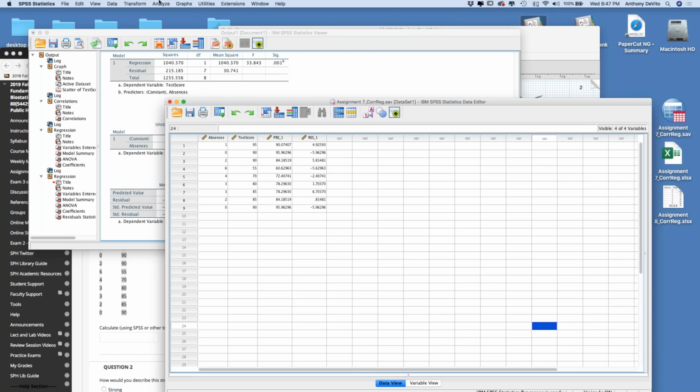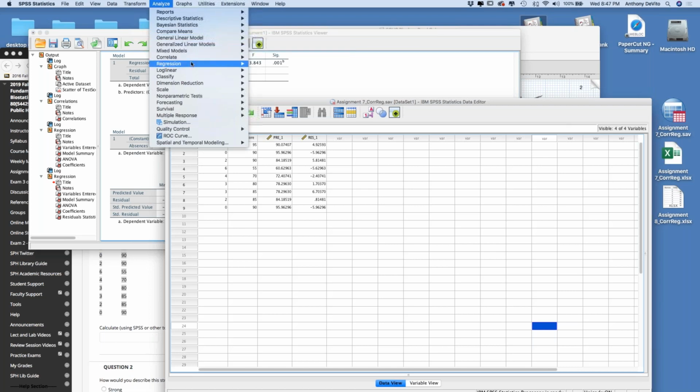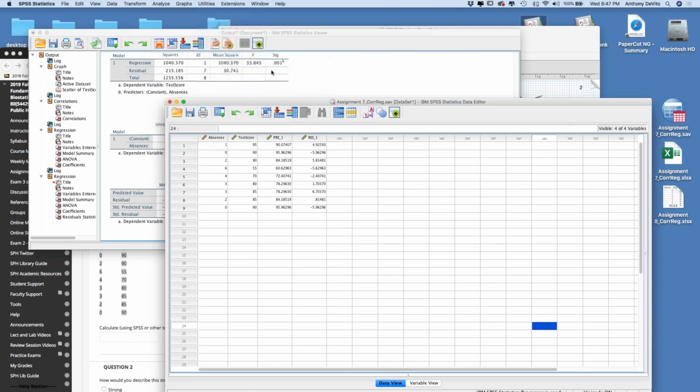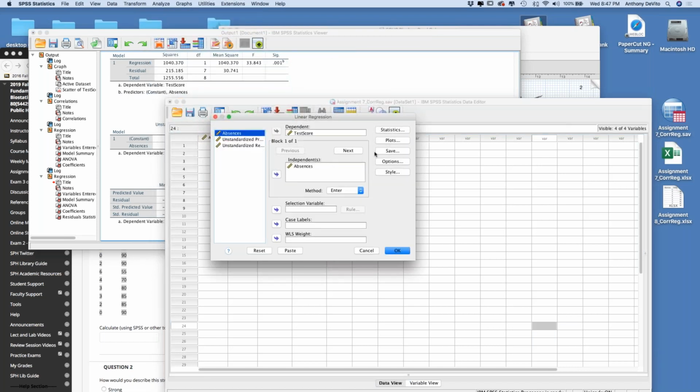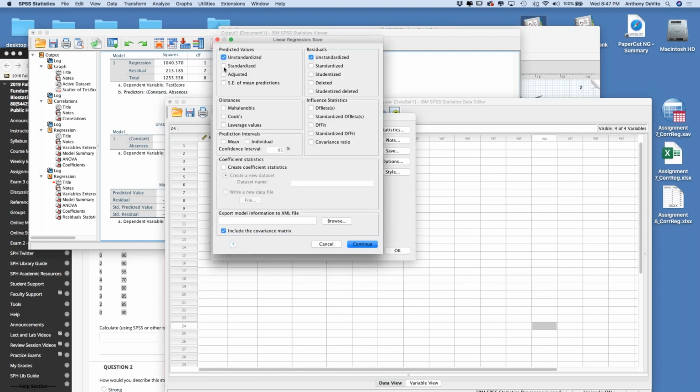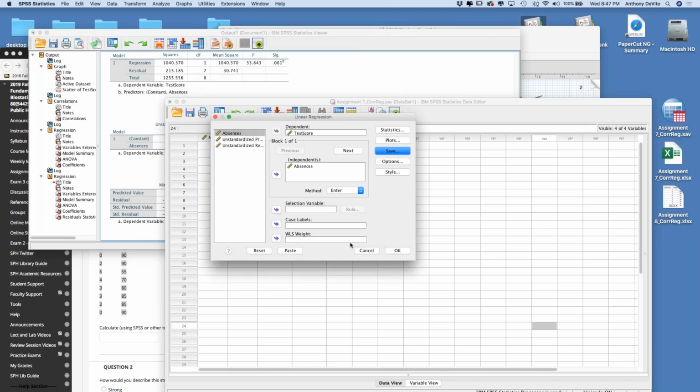In fact, if you go to Analyze, Regression, and look at Save, you could also have it give you standardized versions of the predicted values and the residuals. In other words, that's the Z value of each one of those residuals or differences.